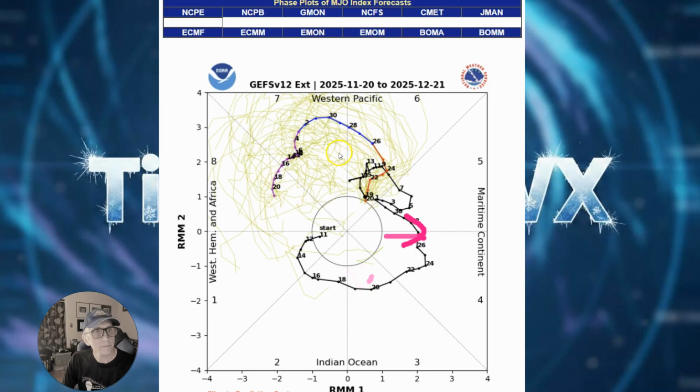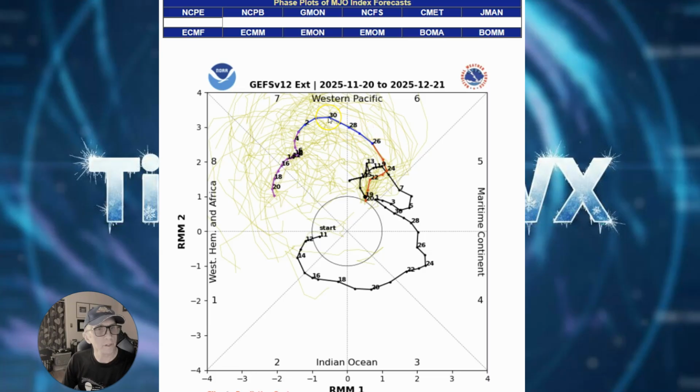Now, in this plot, the GFS plot is projected to gain amplitude, move through phase 6 into phase 7, Western Pacific, right?